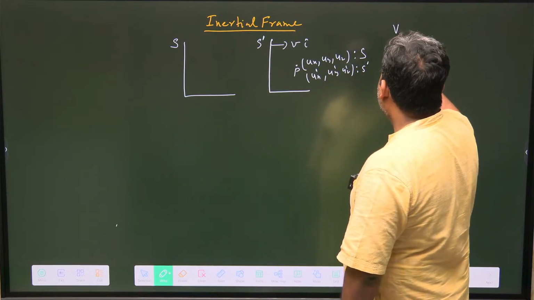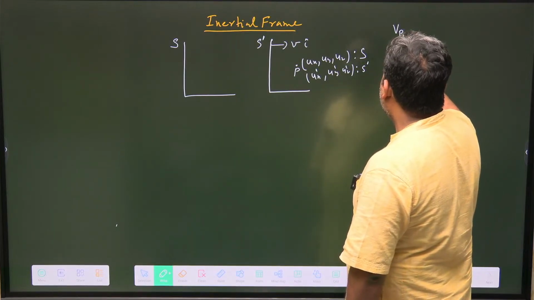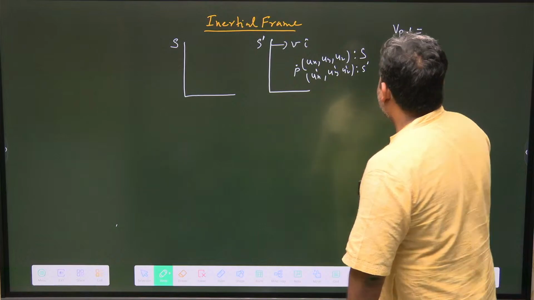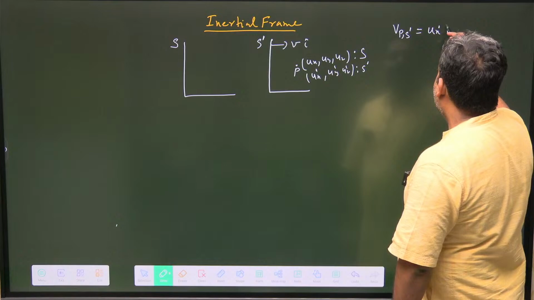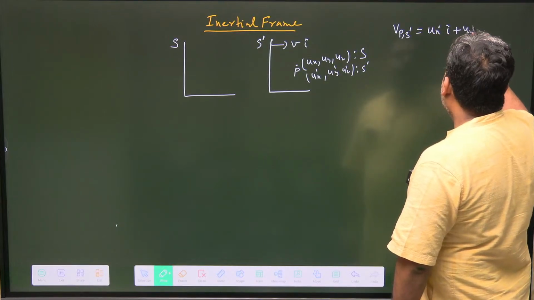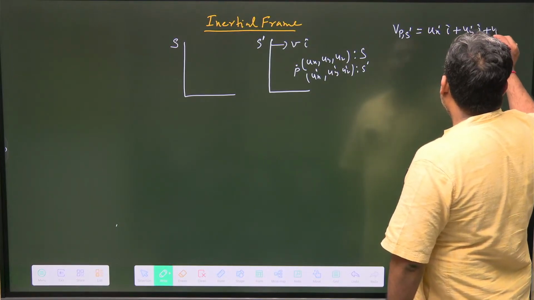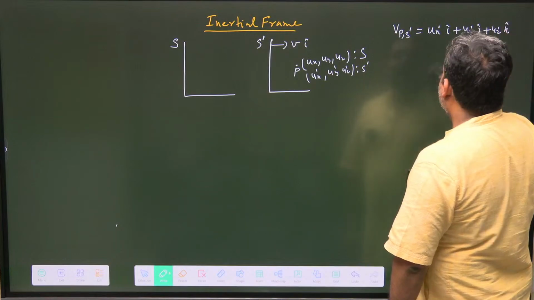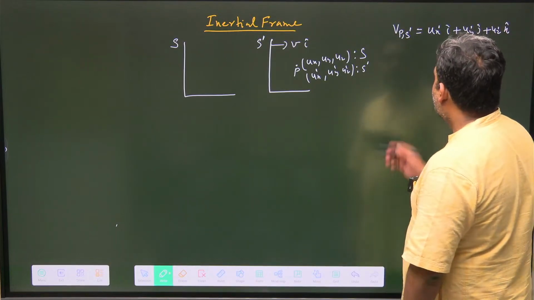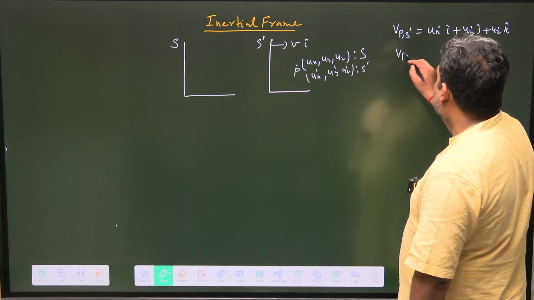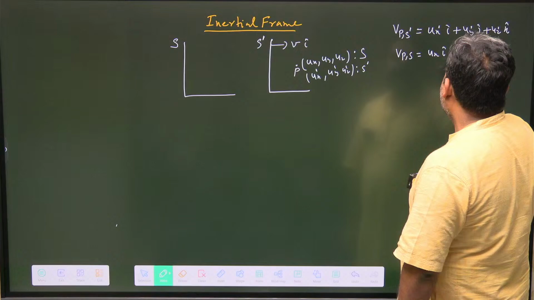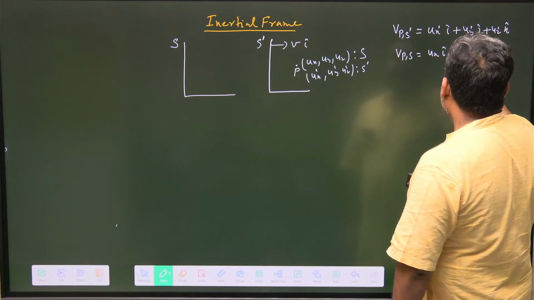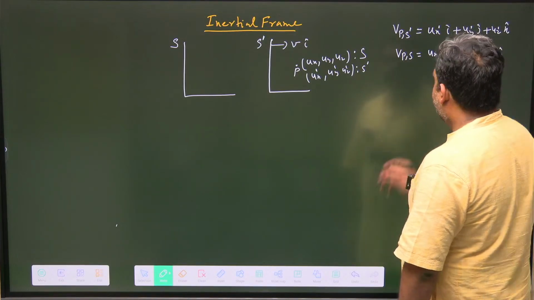Velocity of particle with respect to S dash is ux dash i cap, uy dash j cap, and uz dash k cap. And velocity of particle in S is ux i cap, uy j cap, and uz k cap.